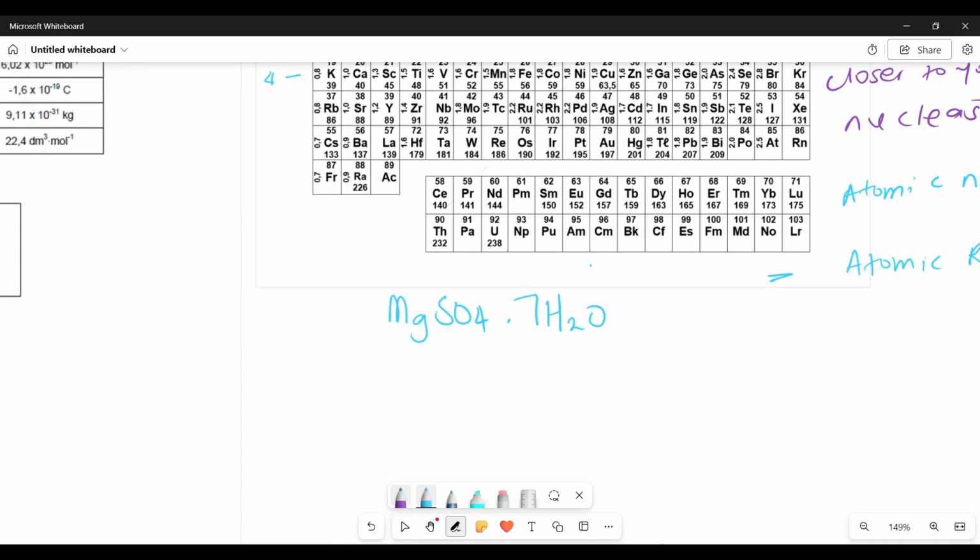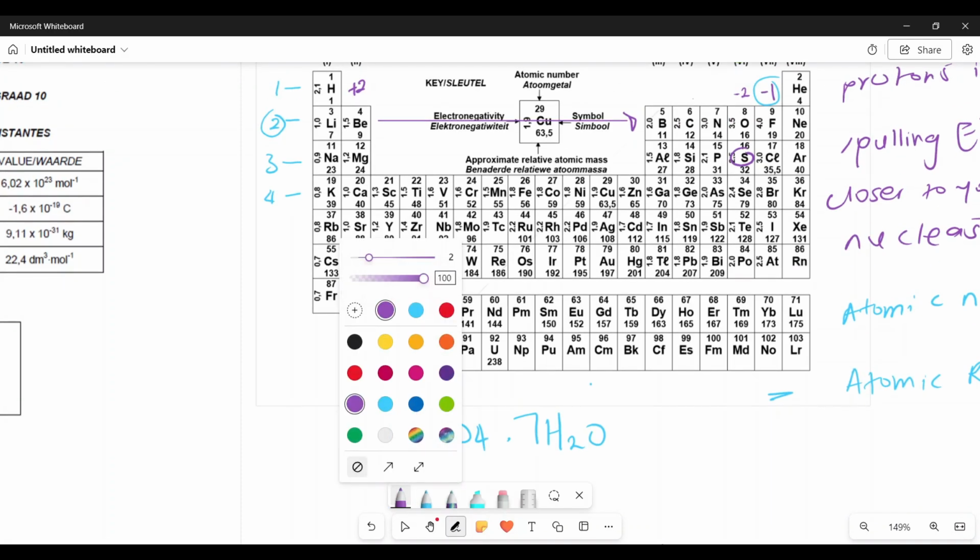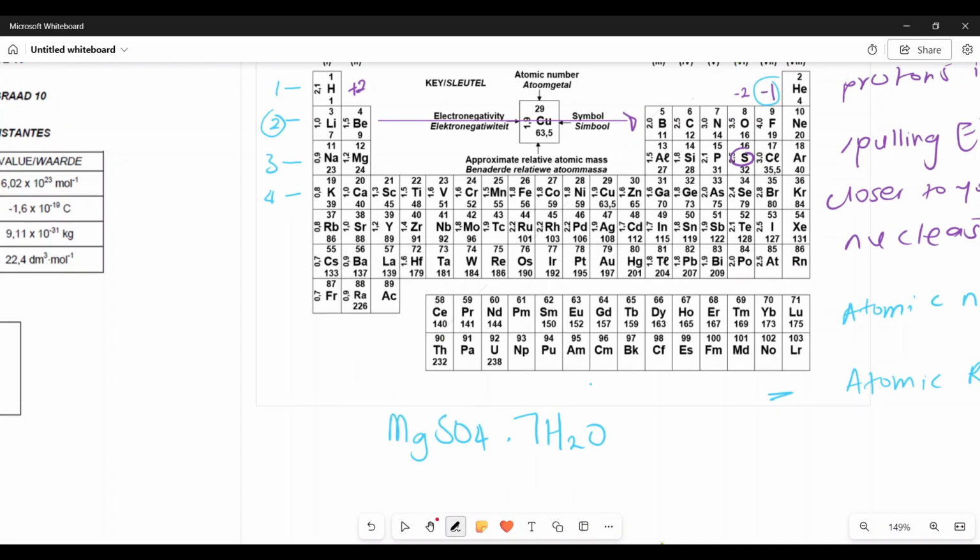So now I'm going to start with the molar mass of my magnesium, Mg, right? Let me look for my magnesium here on my periodic table and highlight it. So this is my Mg, and its molar mass is 24. So this would be 24 plus my S, my sulfur, right? My sulfur's molar mass is 32, and you have 4 oxygen atoms. The molar mass of oxygen is 16.